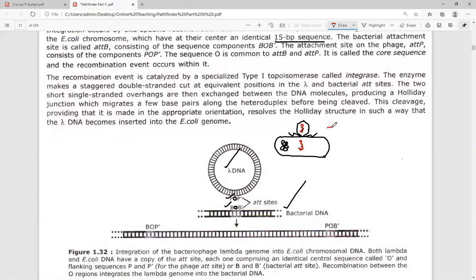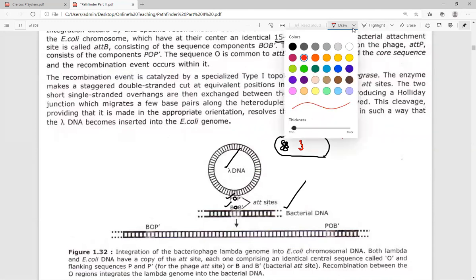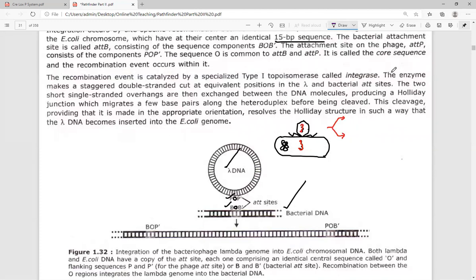The phage can undergo two different types of life cycle. One, it could undergo the lytic cycle, and another, it could undergo the lysogenic cycle.